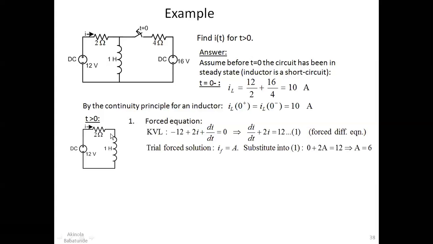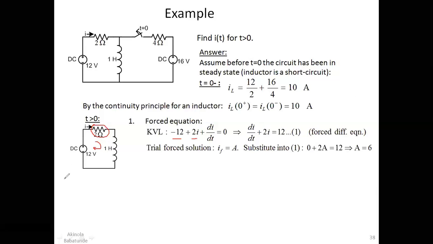You have your DC 12 volts, your 2 ohm resistor and 1 henry inductor. Applying KVL, you have minus 12 plus 2 multiplied by I, which is the voltage across the 2 ohm resistor.